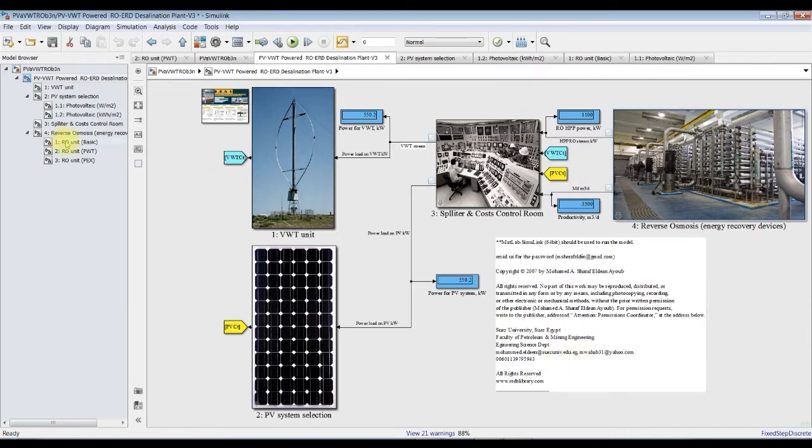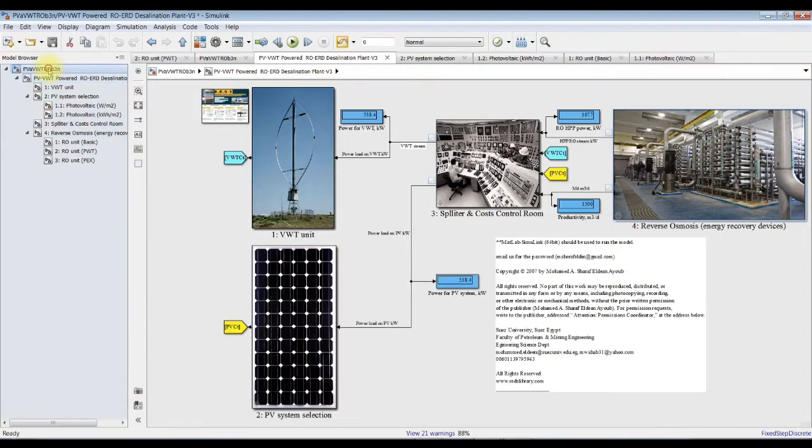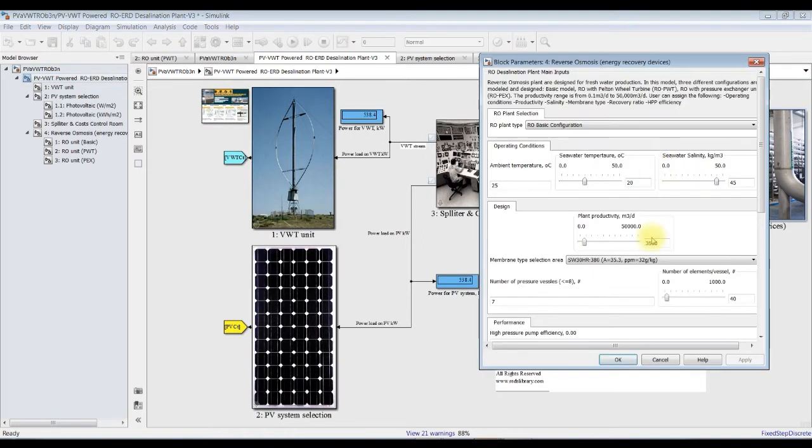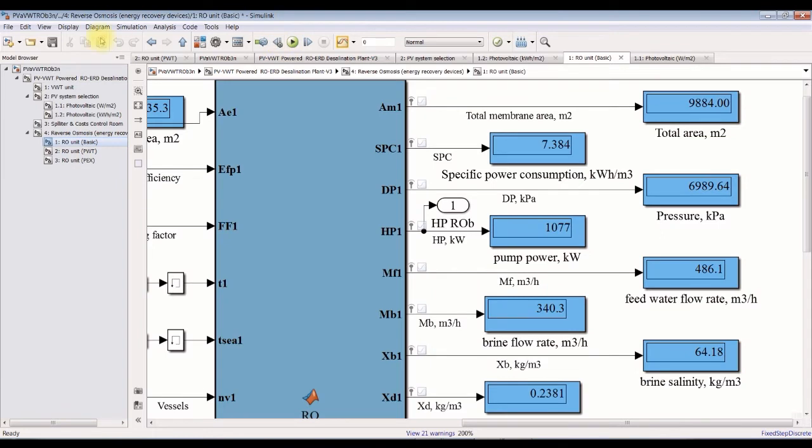I'm seeking 68, 65 bars and so on. Let's hit run again. Yes, 69. It's quite good. Let's increase it a little bit. Double clicking, let's go. We are going to assign 42 pressure vessels, and let's hit run.